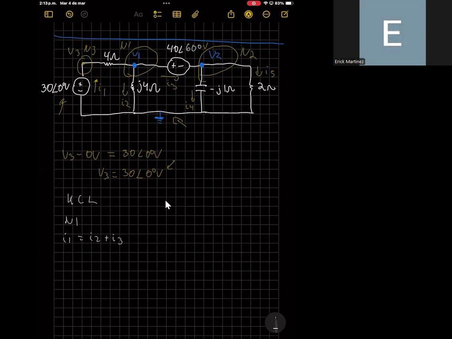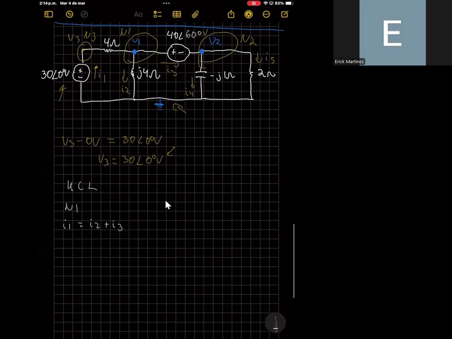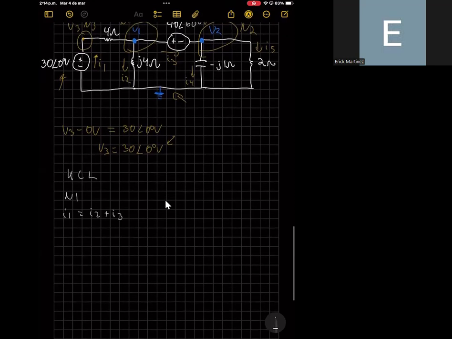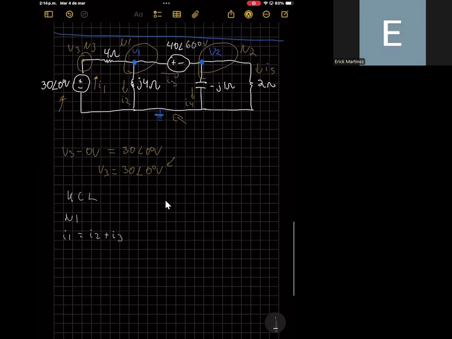So that's why we define that the current I1 is equal to I2 plus I3, because according to Kirchhoff current law, all the currents that are entering a node should be equal to the currents that are leaving in order to maintain this equivalence. And well, we can say that I1 is equal to the difference in voltage between node number 3, that is the voltage V3, minus the voltage in node number 1 divided by 4 ohms.